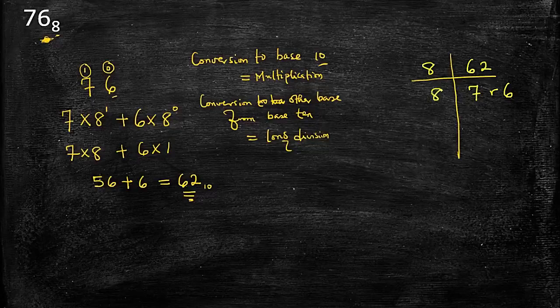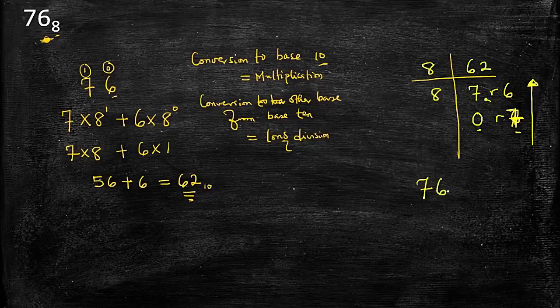Then you write the 8 again. 8 into 7 is not possible, so we write a 0, and the remainder is 7. Whenever we have a 0 here, we stop, and then rule our line from the bottom to the top, showing that we are writing our numbers from the bottom. So it's 7 and 6. We write base 8, because we've converted from base 10 to base 8, and so the answer is 76.